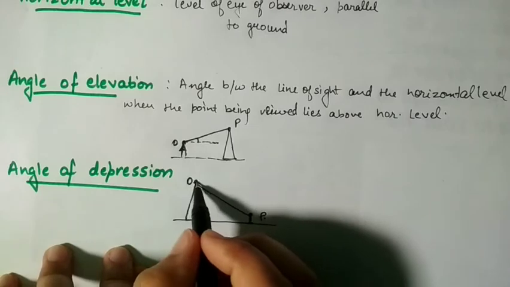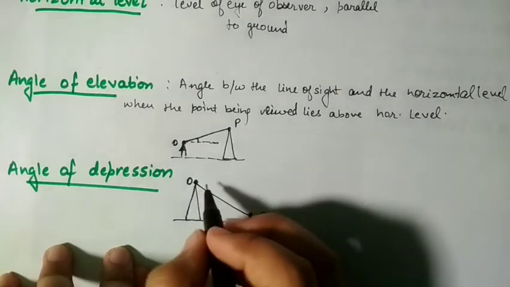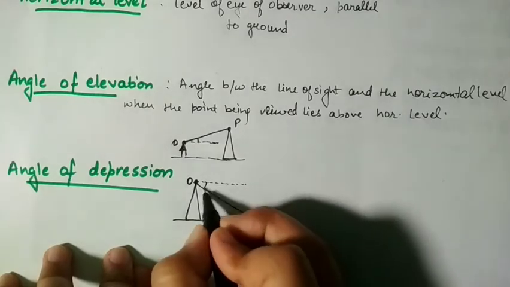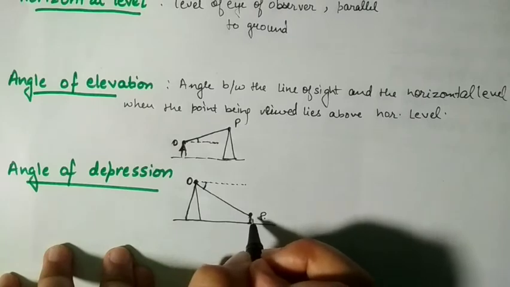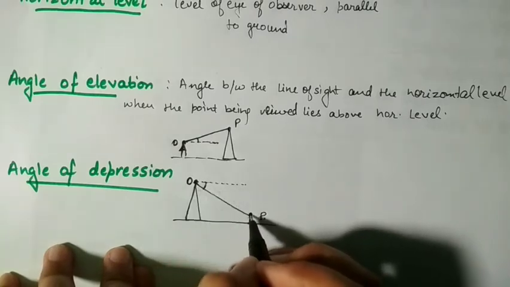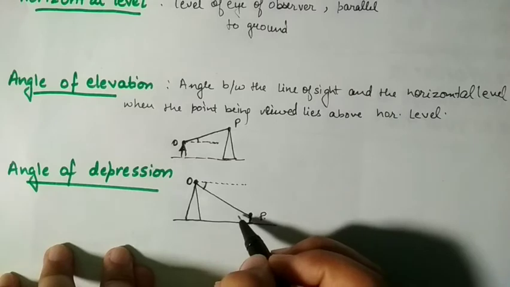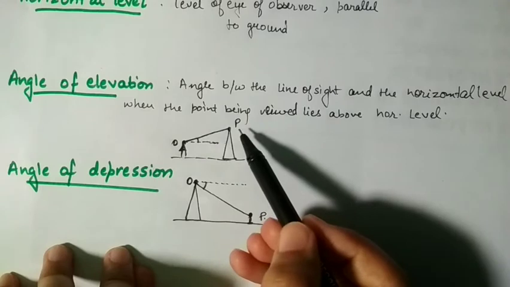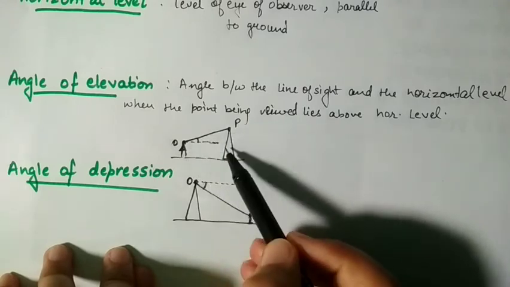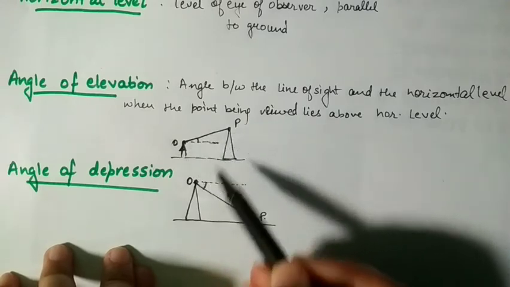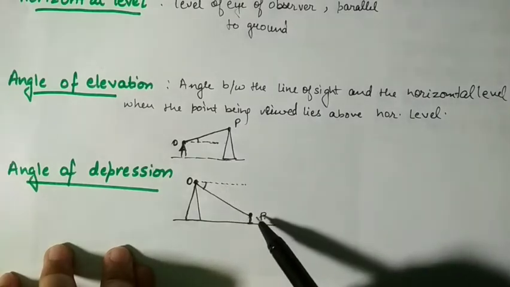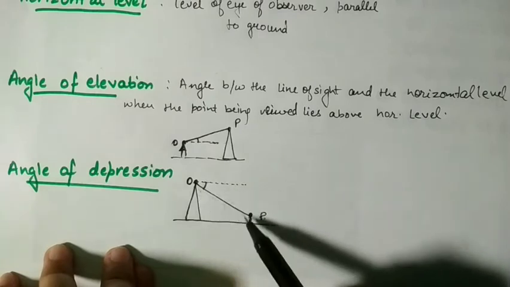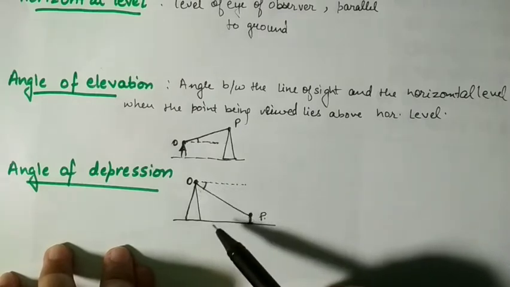The angle that is formed between the line of sight and the horizontal level, the level of the eye, is now called the angle of depression, because now the point that is being viewed, P, lies below the horizontal level. In that case, the point that was being viewed lay above the horizontal level, so the angle between line of sight and horizontal level was called the angle of elevation. Now the point that is being viewed lies below the horizontal level, so the angle between the horizontal level and the line of sight is called the angle of depression.